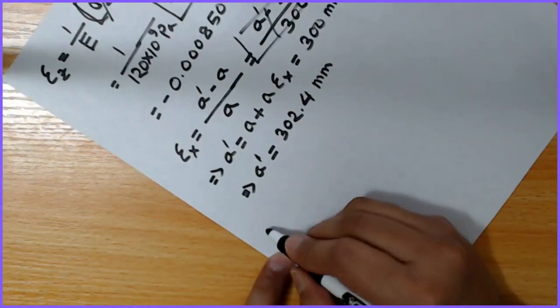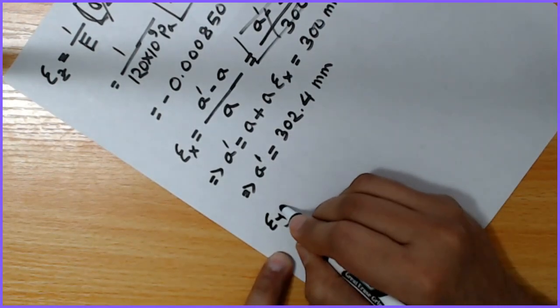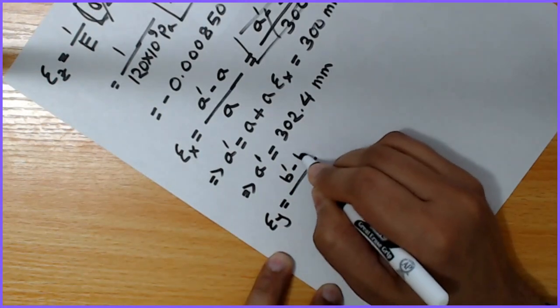Now again we know that epsilon y is b prime minus b, divided by b.